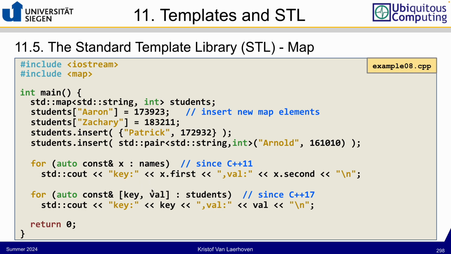So what I added here is that there is also an insert method, or insert member function, that belongs to our template class map, where we can insert a pair in this particular way, or we can insert a pair by saying explicitly this is a pair.